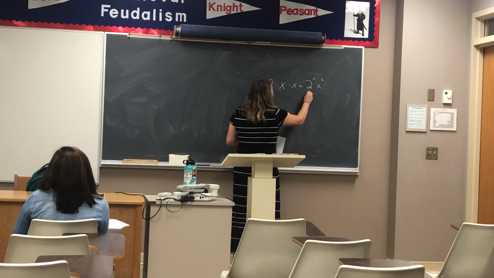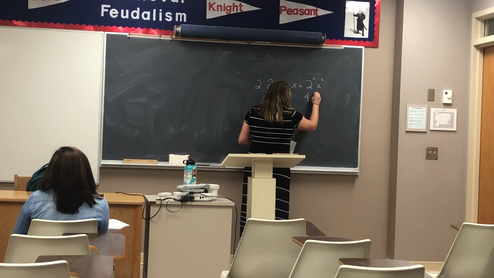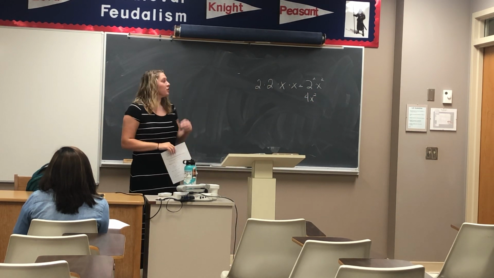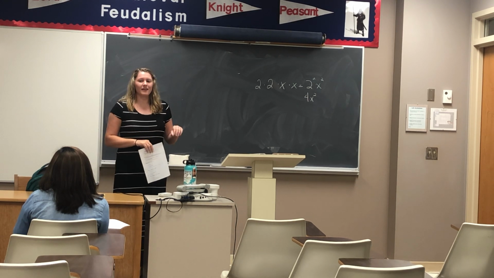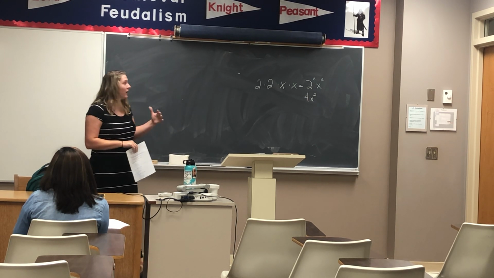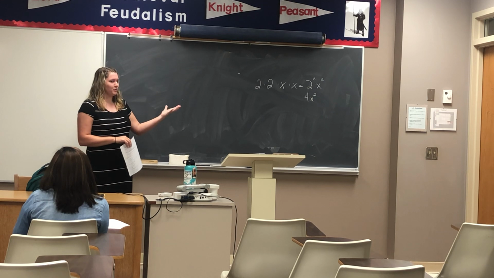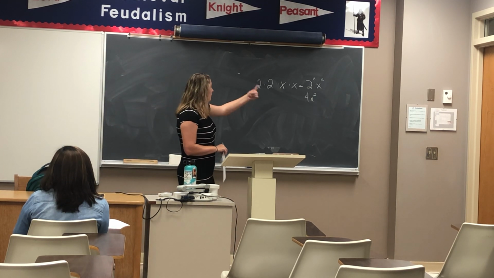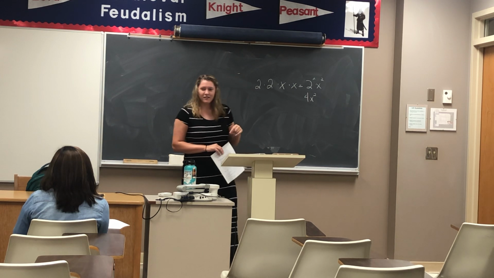So we really have 4 x squared. Anytime you have a number, you can go ahead and multiply it. We want to get it as simple as possible. 2 squared is not as simple as it comes. 4 is.